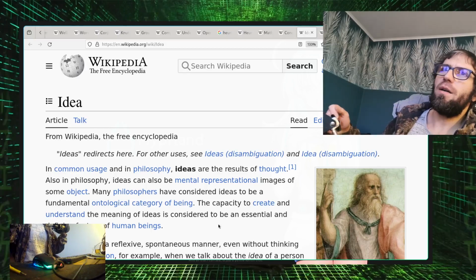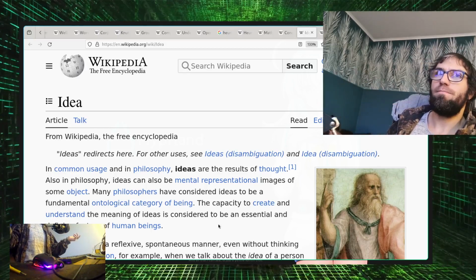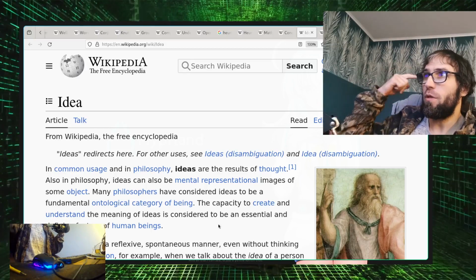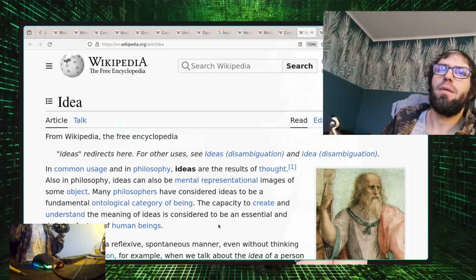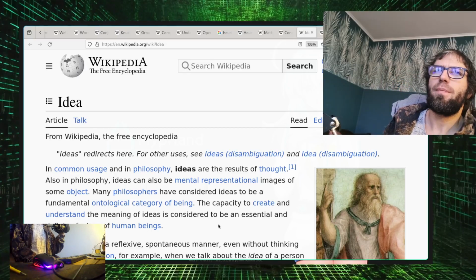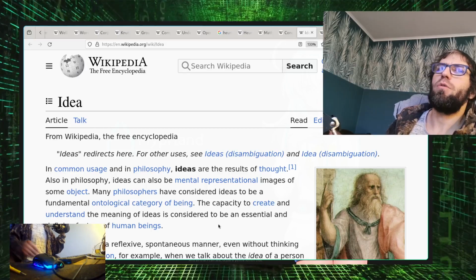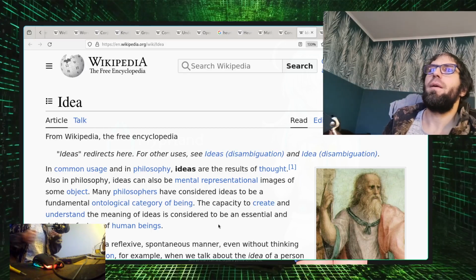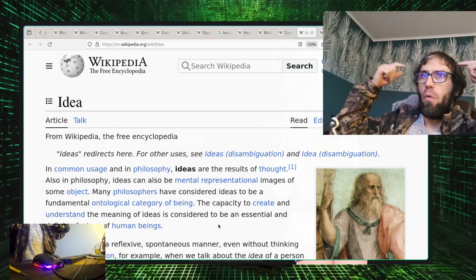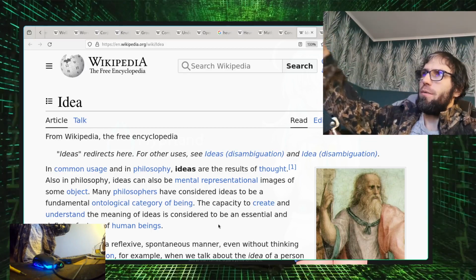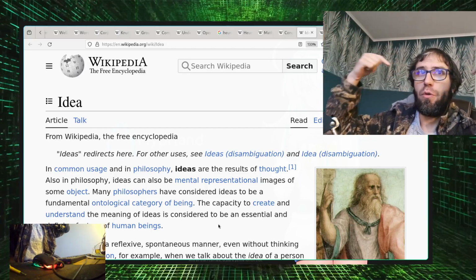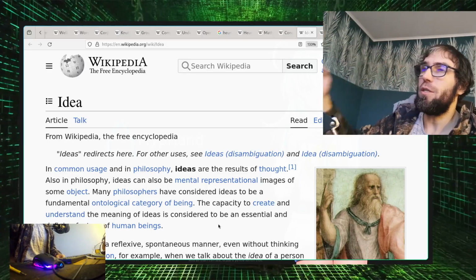Ideas are results of thought. So we need to understand what is a thought. And also, ideas can be mental representation or images of some objects. We have objects and they go into our heads and put these images in our thoughts.